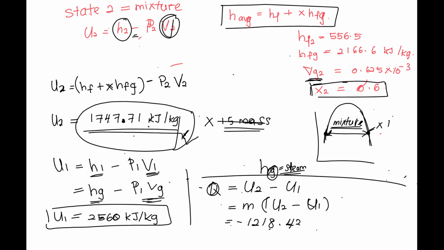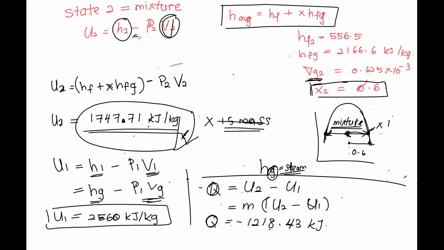And why is it negative? Class, you need to remember, state 1 is at saturated mixture. State 2 is in the mixture region, so perhaps 0.6 is here. So in order for steam to change state from steam to mixture, the heat must be removed.